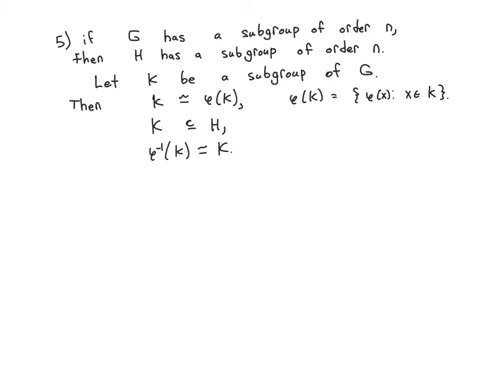So what do I need to check? I need to check that phi of K is in fact a subgroup, is in fact a group, and that there is this isomorphism.